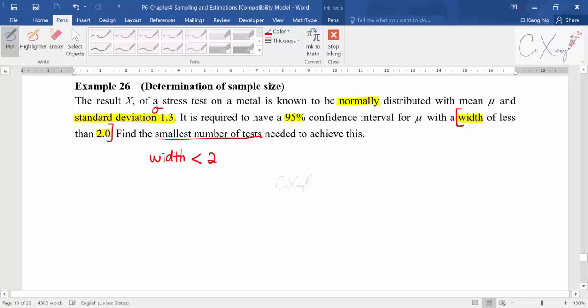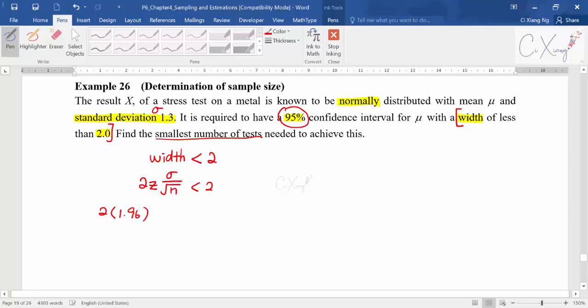Okay, so again, this is where you should start because this is the information they give you to start with. Alright, so what is the formula for width? So 2z sigma over square root n, smaller than 2. So you have to substitute all the values. So 2 is 2. Z for 95% confidence interval is 1.96.